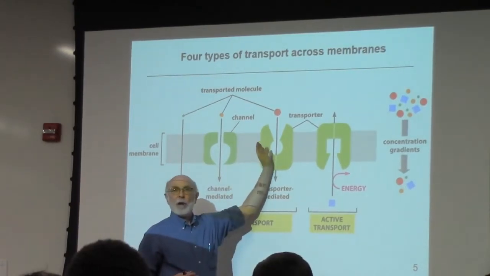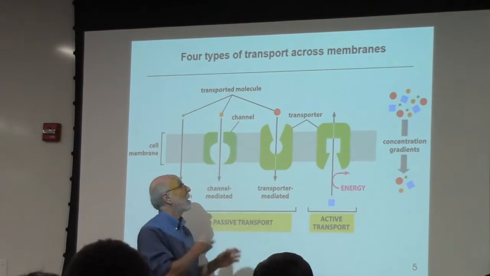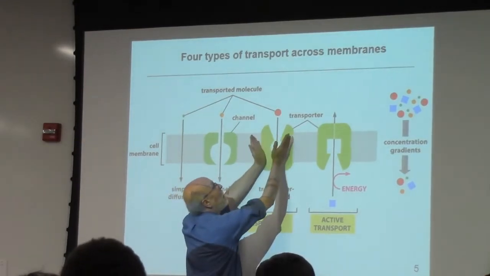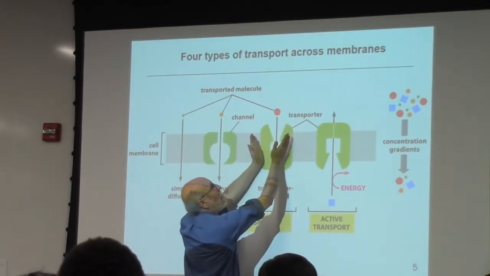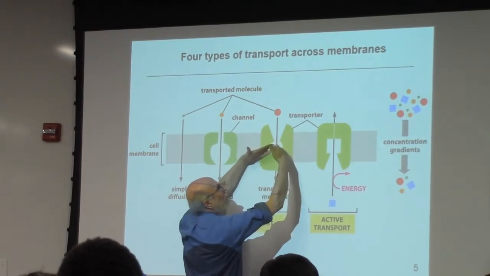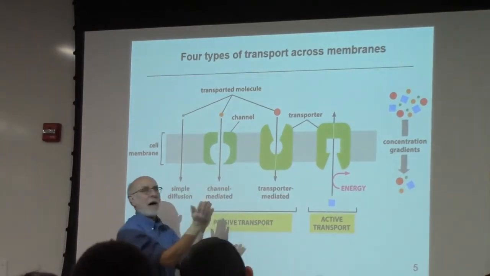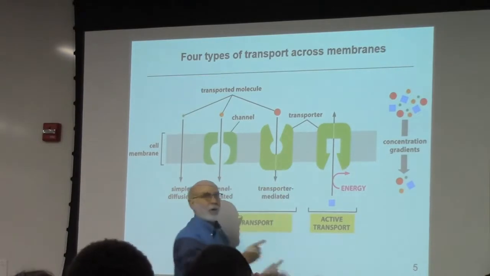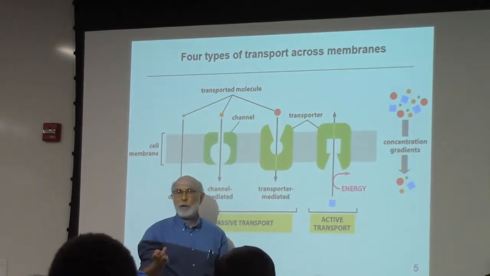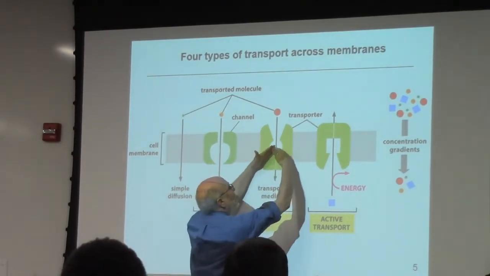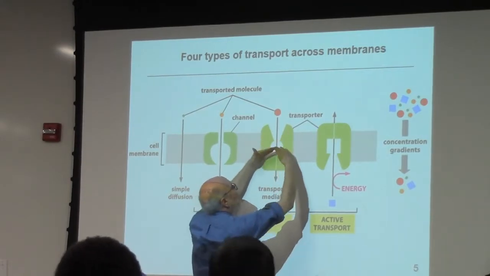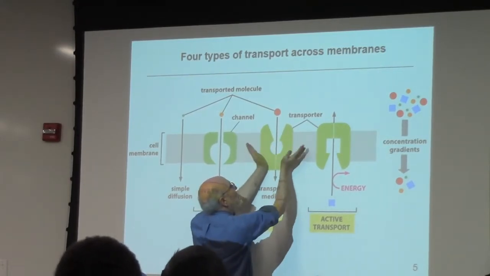A transporter undergoes a more complex conformational change. Open to one side, the ion binds, conformational change, open to the other side, the ion unbinds. For each individual ion transport, there are conformational changes. One side, then the other side, one side, then the other side.